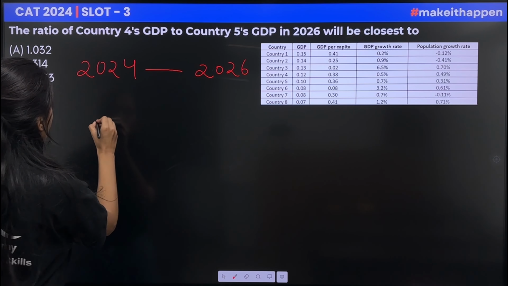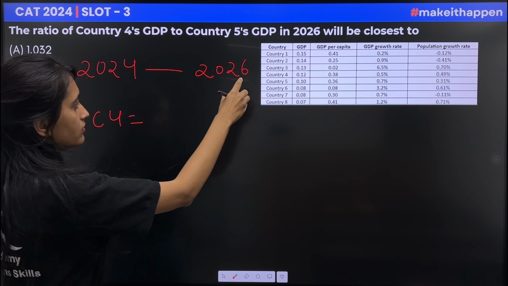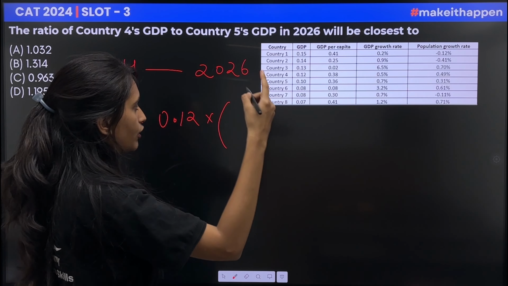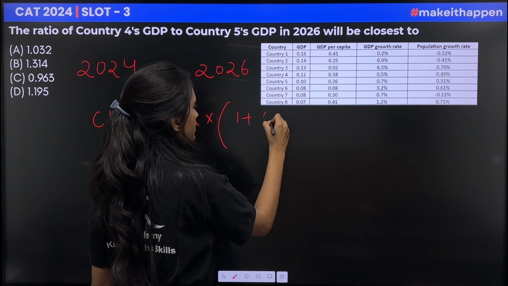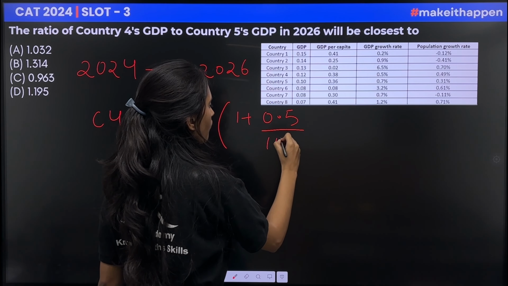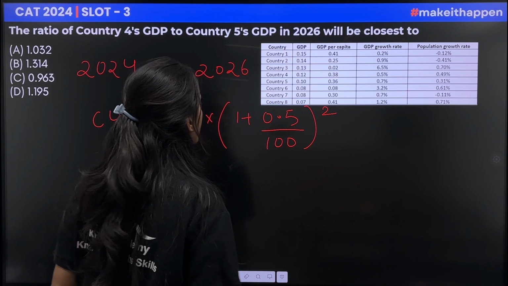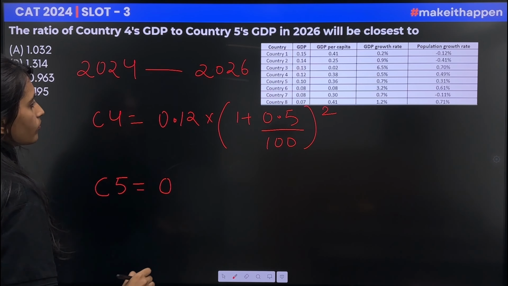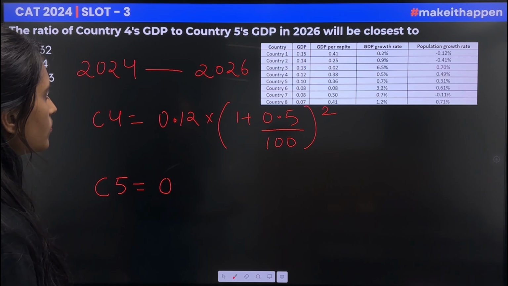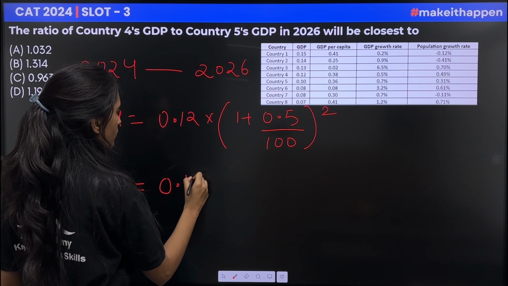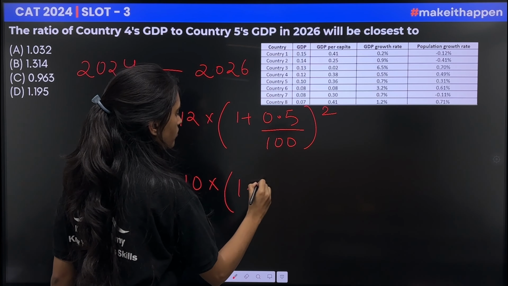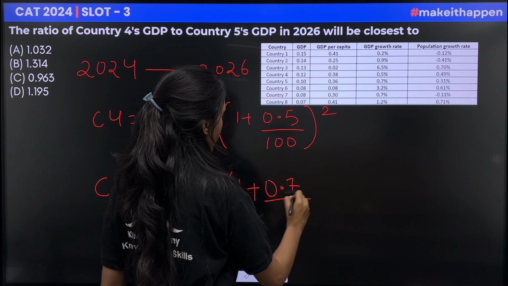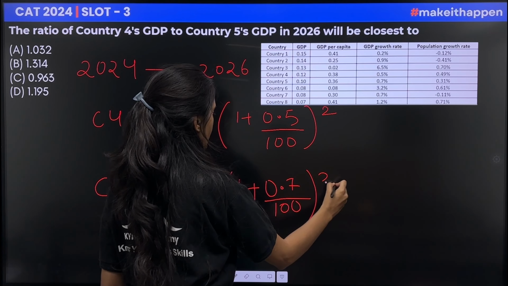Currently country 4's GDP is 0.12 and its growth rate after 2 years will be 1 plus 0.5, and for country 5 it will be similar.